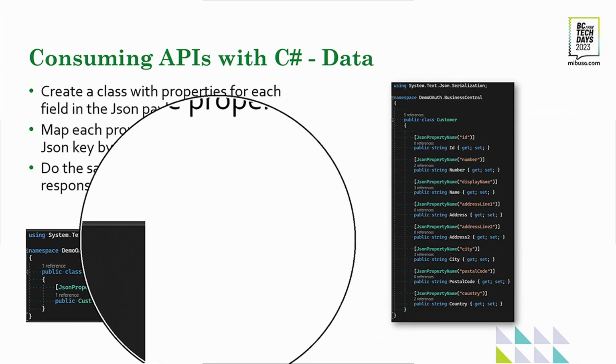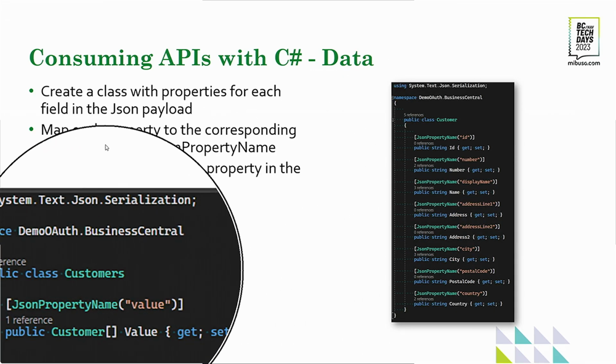That array can simply be mapped as well, because we tell it there is something called value in the output, which is an array of customers. By combining these two, I'm capable of retrieving, in this case, customers automatically.